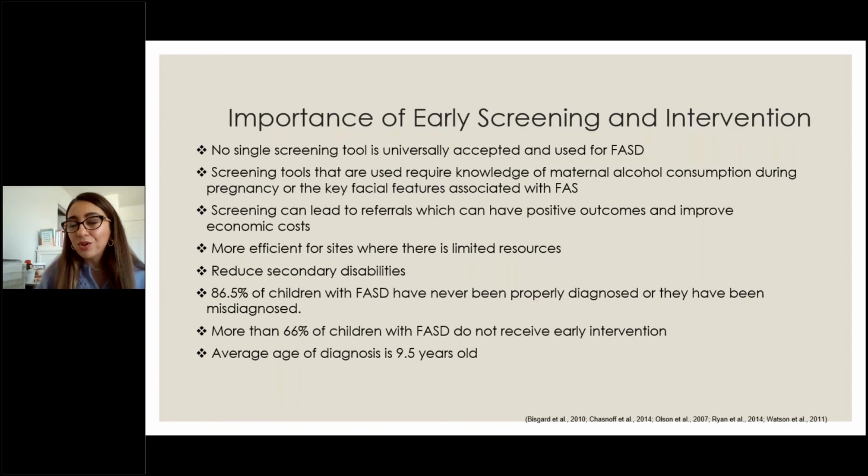For all of those working in the early intervention area, follow afterwards. So we need more screening, which could lead to referrals, which can have more positive outcomes and improve our approach and improve the feasibility of attaining the appropriate interventions.